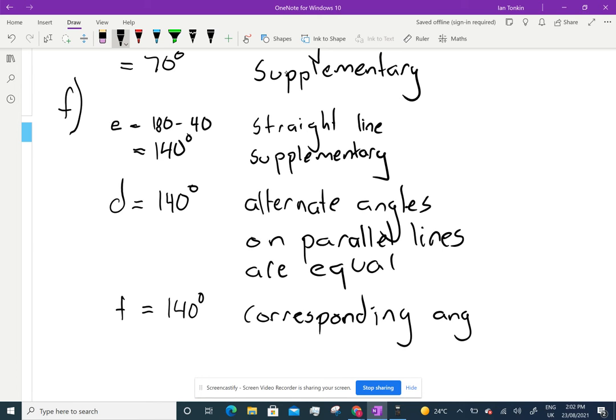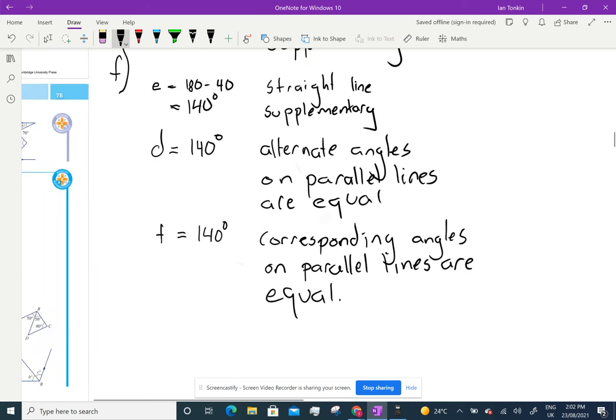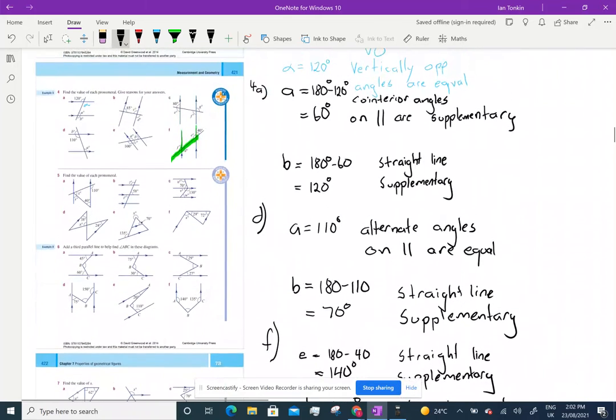Angles on parallel lines are equal. I could have used vertically opposite. I could have used any number of different things. So I've done A, D, and F. Now you also have to do 6.